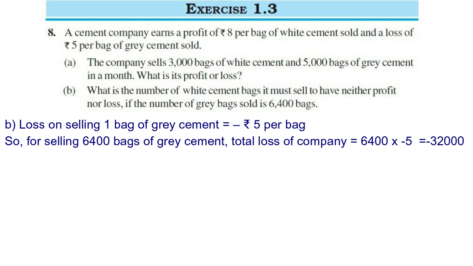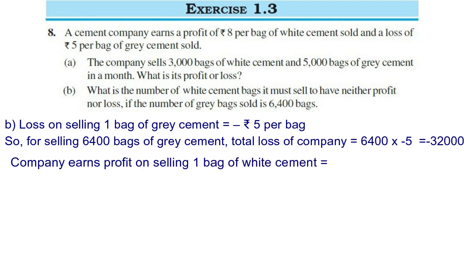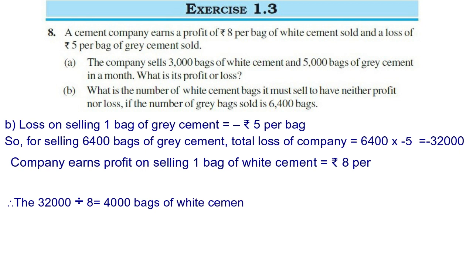According to the problem, for one white cement bag, the company earns profit 8 rupees and our total loss equal to 32,000. If we divide 32,000 by 8, then we will get the answer 4,000. Hence 4,000 bags of white cement give neither profit nor loss.